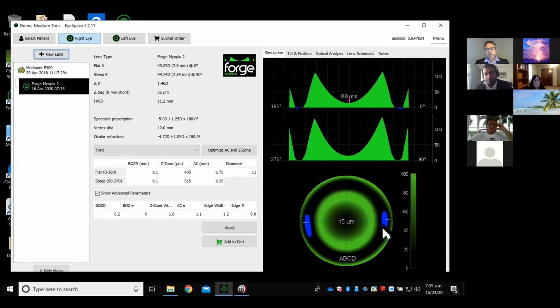That's the blue areas under the alignment curve. We can see that both the horizontal alignment curves are showing those blue patches. And remember, those blue patches are your area of most bearing on the cornea. It's neither good or bad. It's just showing you that the lens has even bearing over the horizontal meridian.